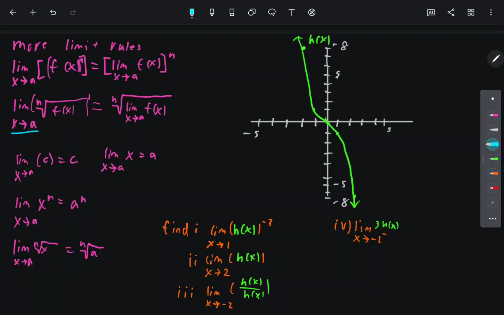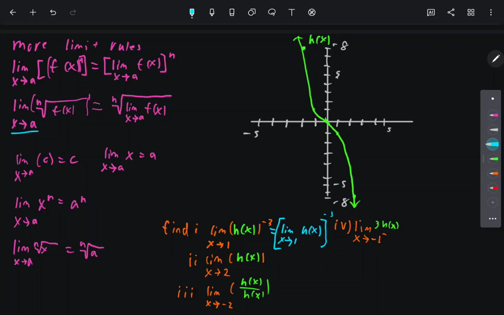So, starting out with part I, we have the limit as x approaches 1 of h of x to the negative 3. Well, we are going to call this the limit as x approaches 1 of h of x raised to the negative 3rd power.